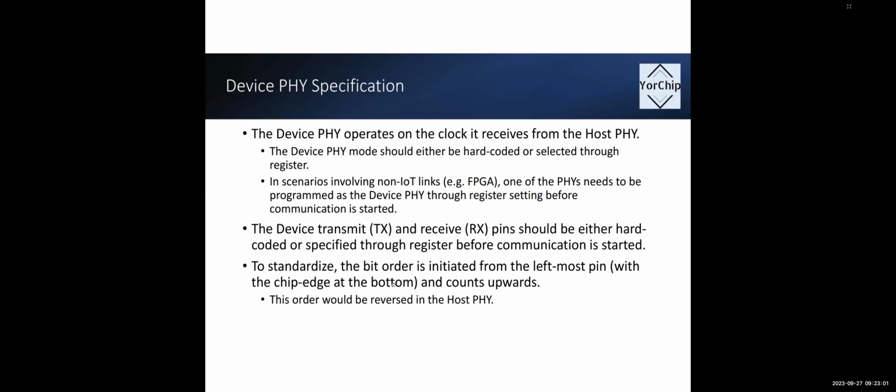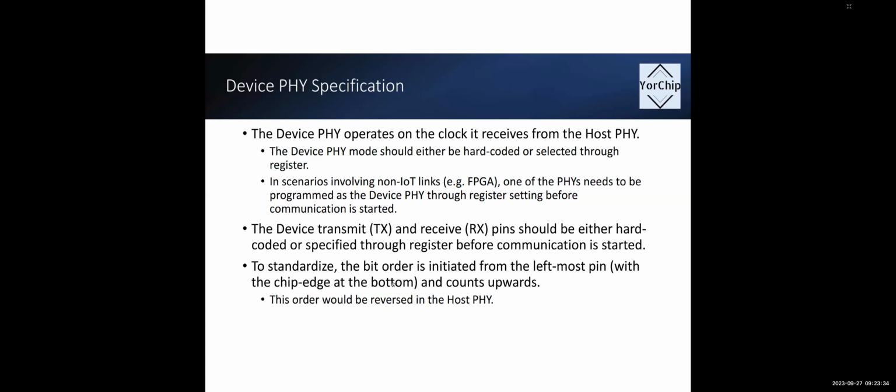Our imagination is that a typical device phi would be an ADC, DAC, ADC/DAC combo, or something that needs asymmetric data. It has a very edge type of nature to it. It can be a sensor, an image sensor, anything or in between. In those cases, your chip is sort of a device phi. It's not going to ever be a host phi, or most probably won't be.